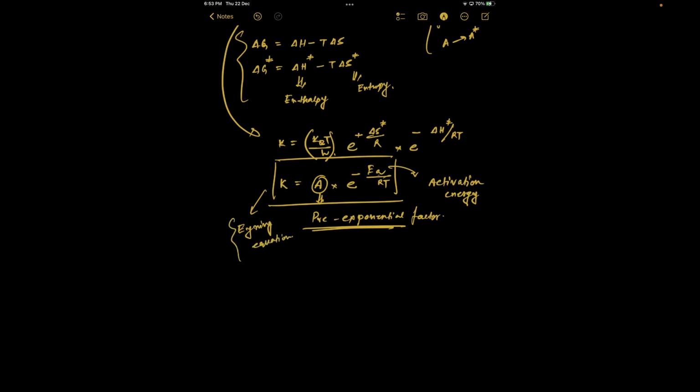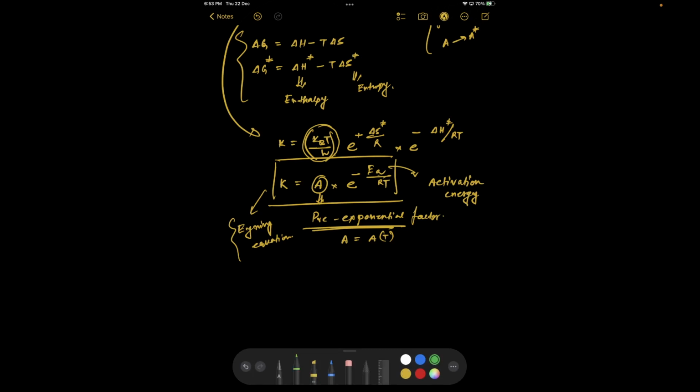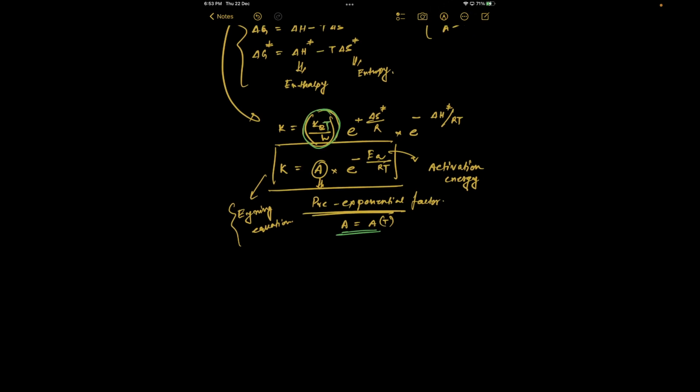Now here the pre-exponential factor is actually temperature dependent. If you just look at kBT by h, this term is there, right? So here T is there. So the pre-exponential factor is actually temperature dependent, and how is it dependent on temperature?